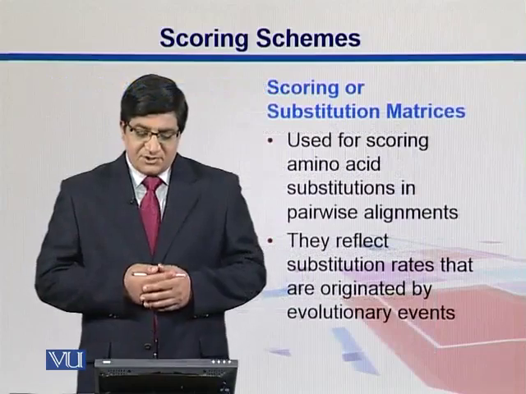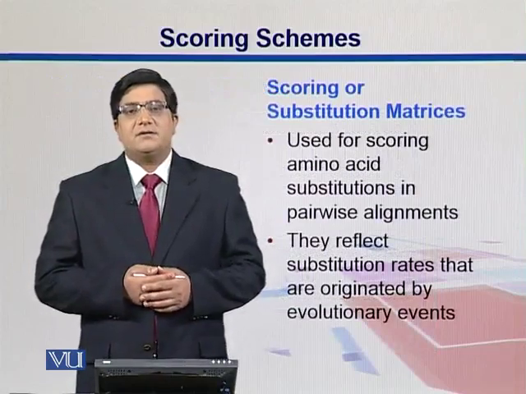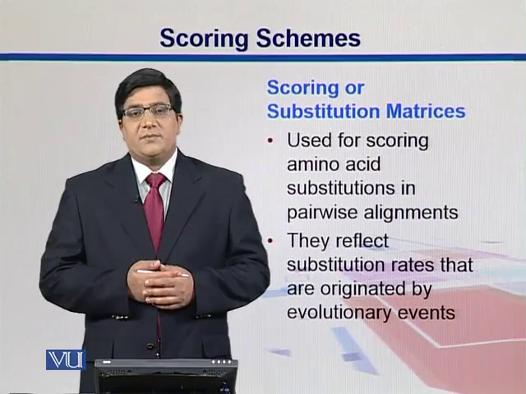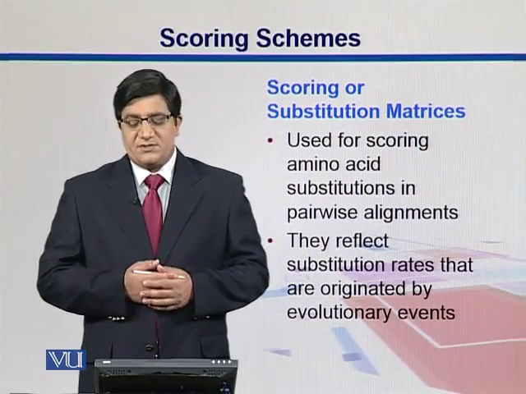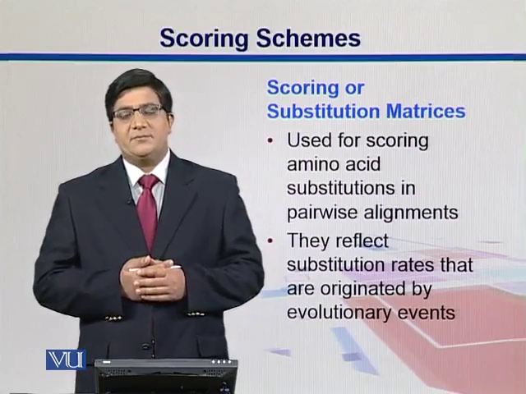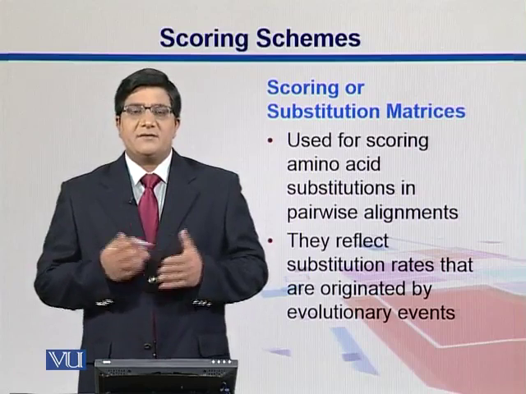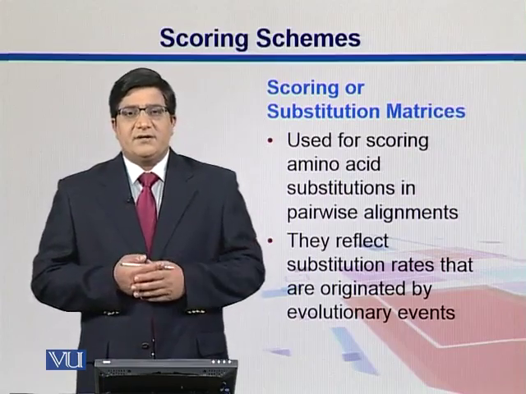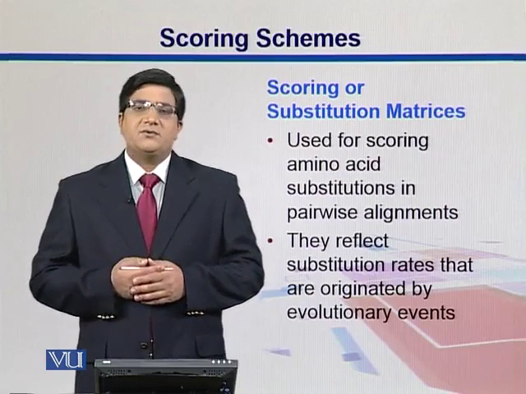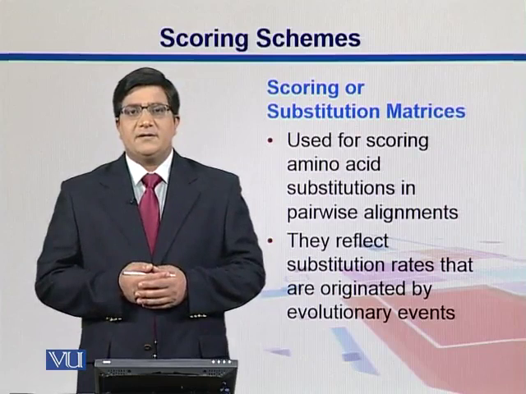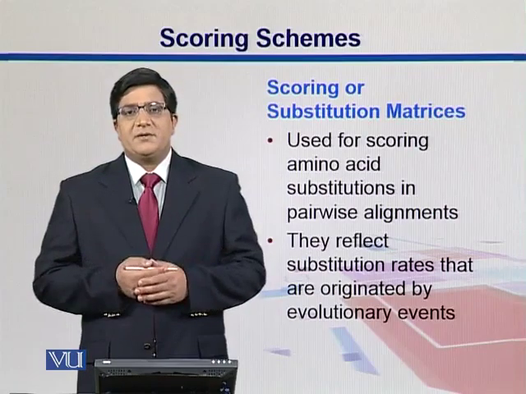Scoring or substitution matrices are really important matrices which are used for scoring amino acid substitutions. Basically, in proteins, we observed that some amino acids replace others most often, and some of them are less frequent. So scientists came up with some scoring schemes and presented them in the shape of matrices.